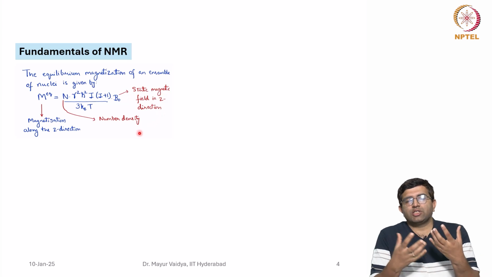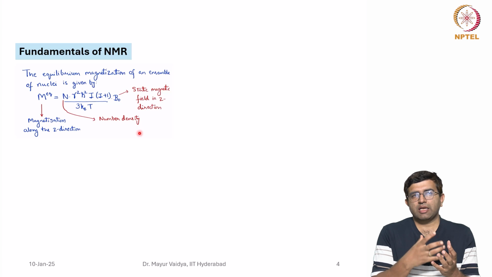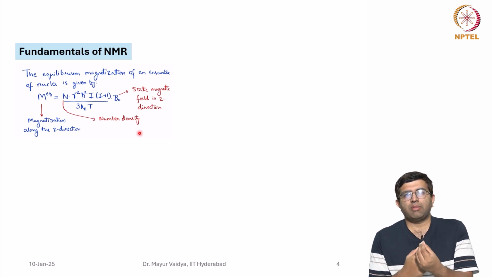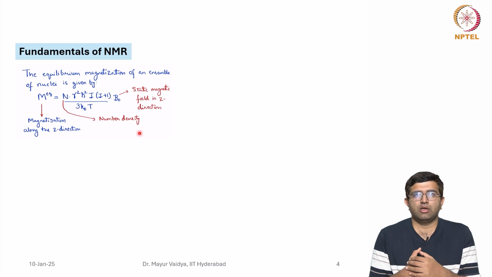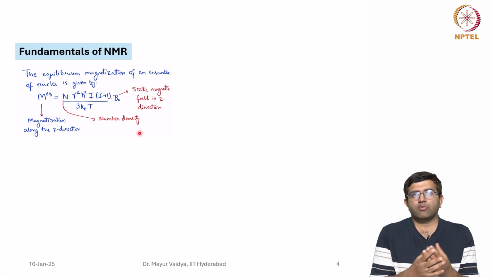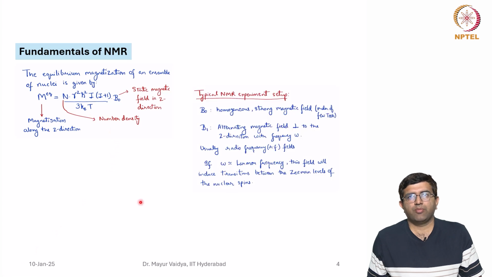The magnetization, as the name suggests, is the magnetization of the nuclei. Each nucleus gets magnetized when it is placed in a static magnetic field, and if we talk about the ensemble of nuclei, then the equilibrium magnetization is given by this expression, where N refers to the number density.